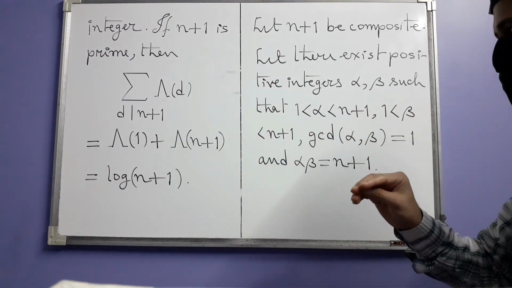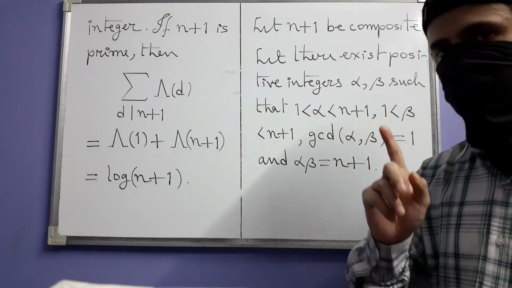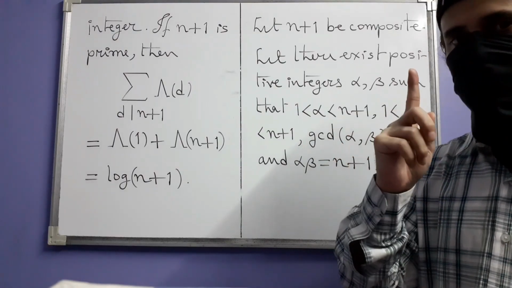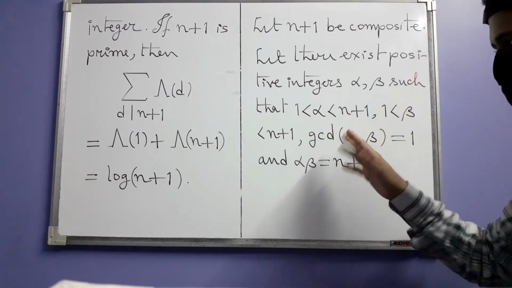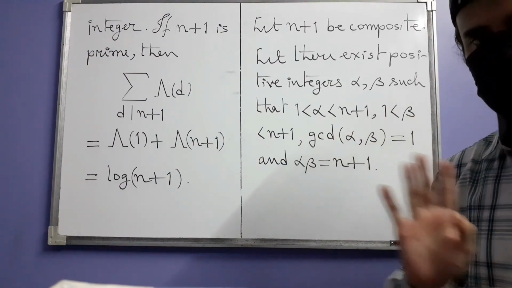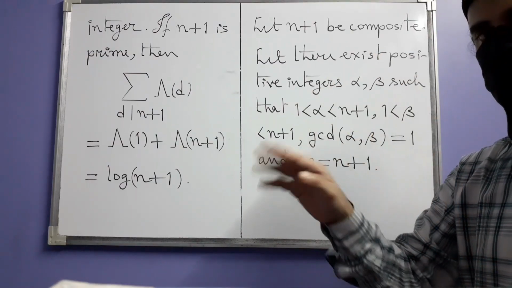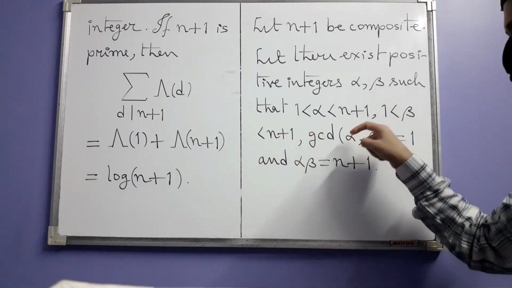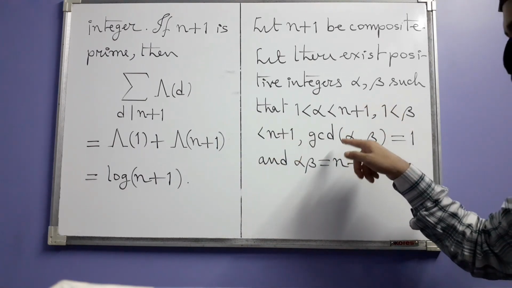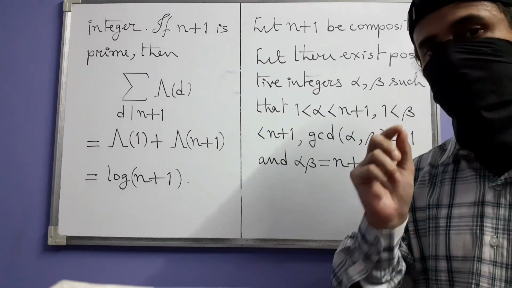So the cases where the number n plus 1 is composite but a prime power are not these cases. They are different. We have to handle that also separately. This case, however, includes those numbers like 12.